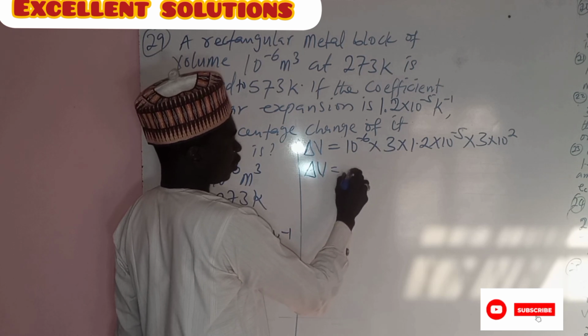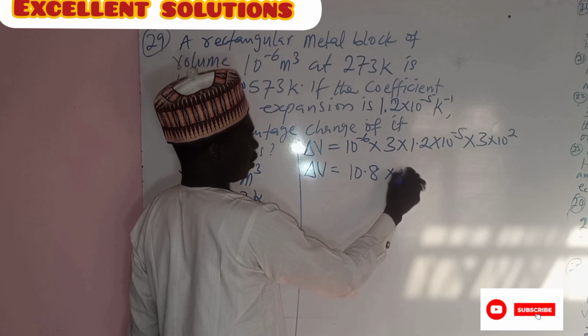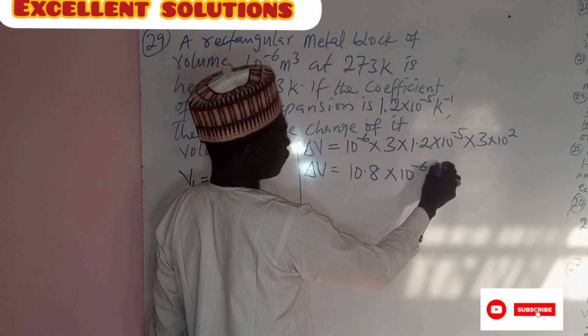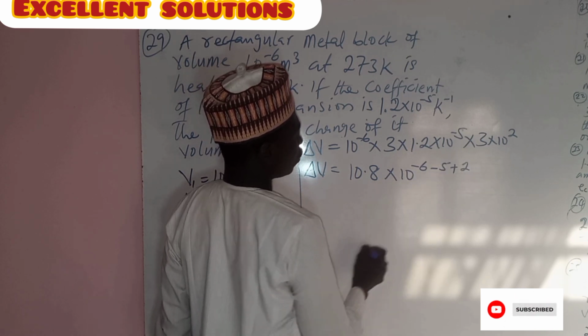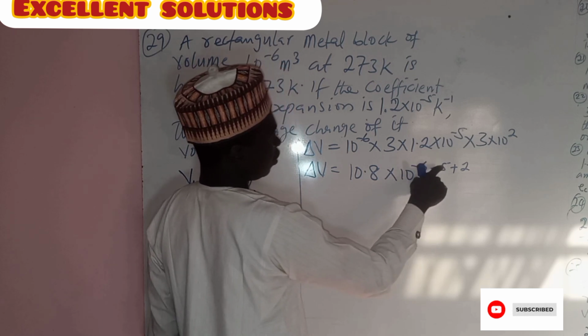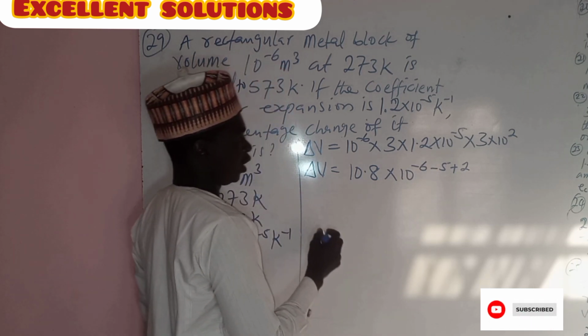This will now be 10.8 times 10 exponential, this is minus 6, minus 5, plus 2. So in total, this minus 6 minus 5 is minus 11. Minus 11 plus 2, we have minus 9.